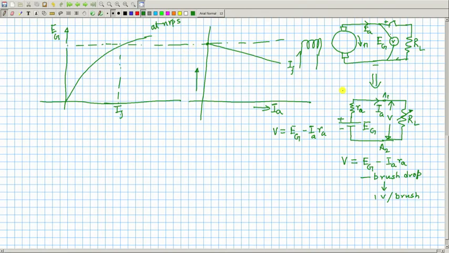At a given armature current I A, load current, this then will represent I A R A plus brush drop, whatever. It may not be a nice straight line like this because of the brush drop present, but E g minus this level, I R A drop, is your voltage now across the terminal of the generator.